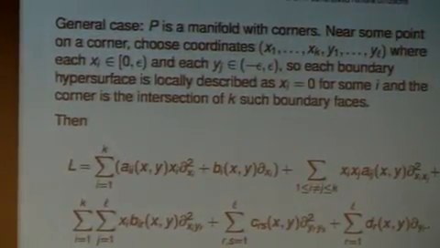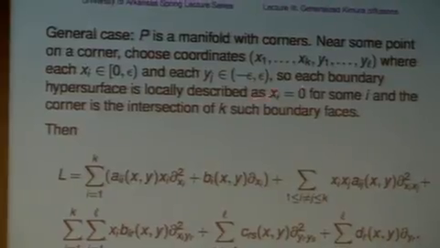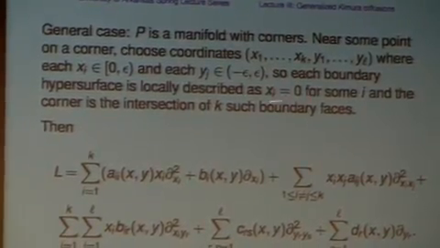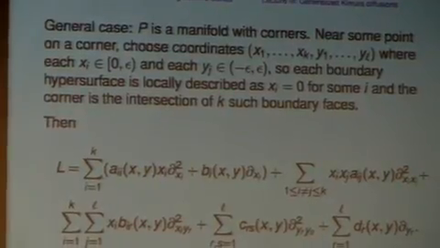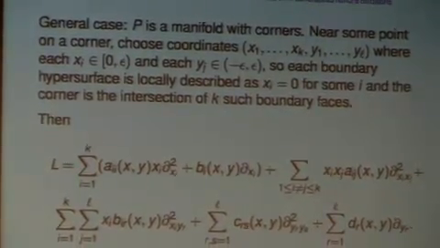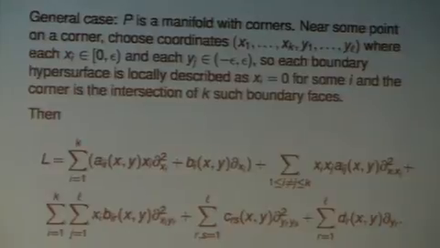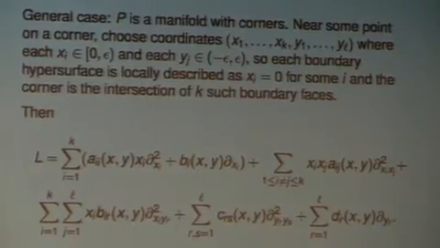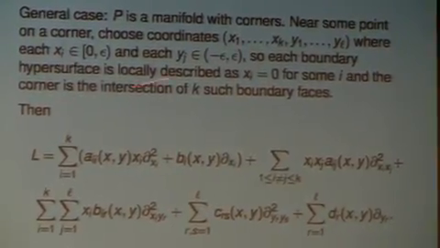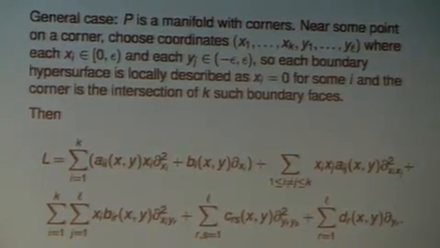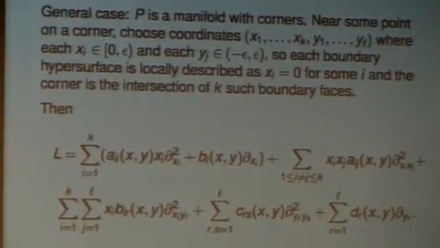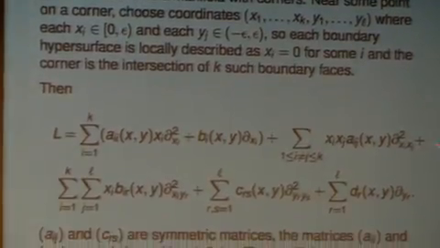So these are just local coordinates, 0 to epsilon, minus epsilon to epsilon. The boundary hypersurfaces which are meeting at that corner are where any one xj is equal to 0. Okay, and you have corners of various codimensions where any collection of the x's vanish. So in particular, the maximal codimension, at least locally at this point, is where all of the x's vanish. Okay? And so here's the form of the operator that we're looking at.